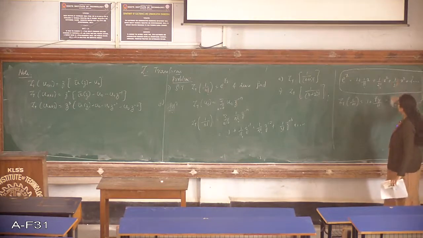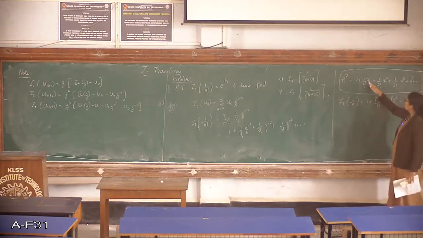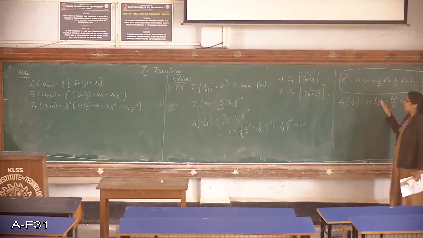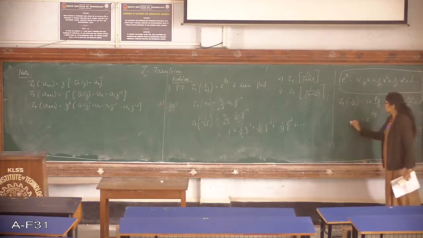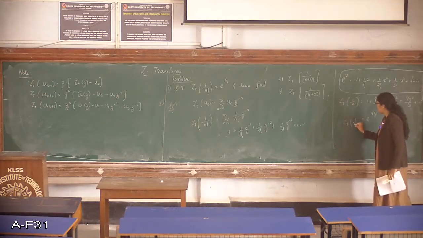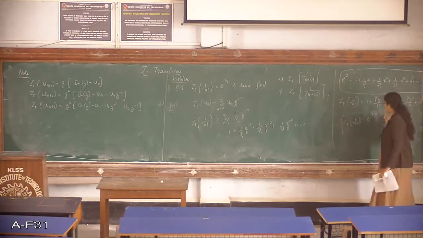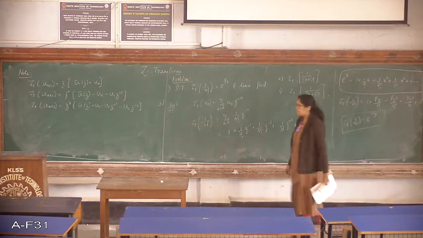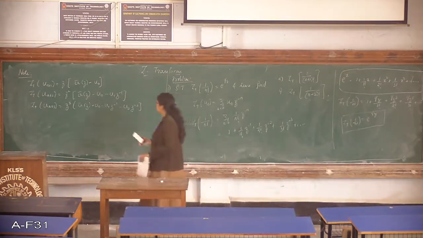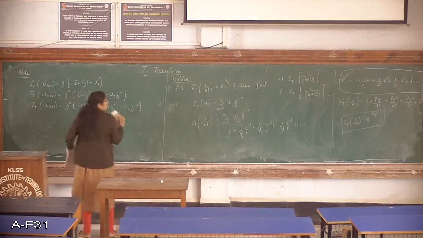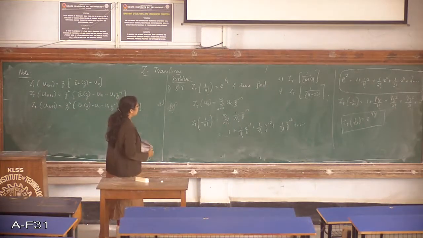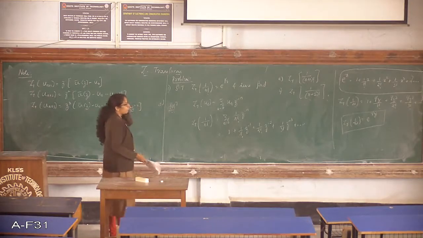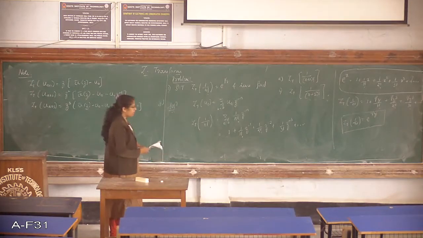Now see, the comparison is easy. You can see that instead of x everywhere, you have got it as 1 by z. So this is nothing but e raised to 1 by z. So z transform of 1 by n factorial, we have got it as e raised to 1 by z. So we have used the e raised to x expansion, and then we have found that the z transform of 1 by n factorial is nothing but e raised to 1 by z.